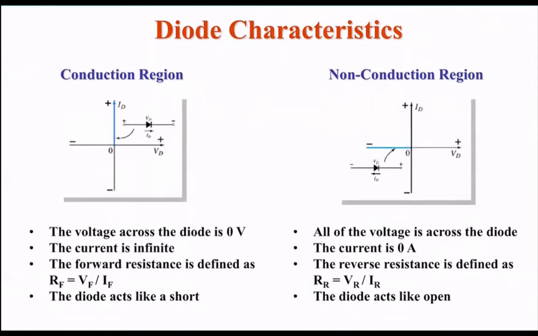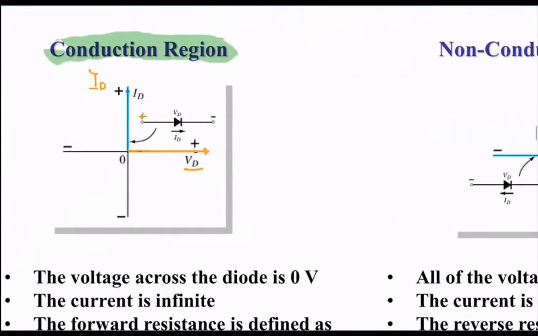Now, these are some of the characteristics of the diode. On the left graphic that you see over here is the conduction region, okay? On the x-axis over here, you got the VD, which is the diode voltage, okay? And on the y-axis, the blue line is your ID, which is the diode current, okay? When the polarities are such that the positive terminal of the battery is connected to the positive terminal of the diode, and the negative terminal is connected to the negative terminal of the power supply, that is when it works as a short circuit.